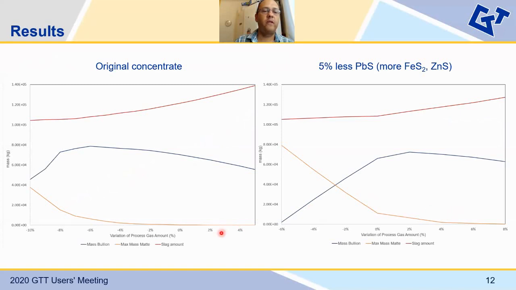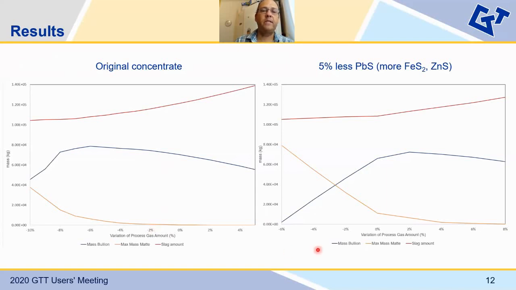It's interesting to notice what happens when we increase or decrease the amount of processed gas for the original situation with the original concentrate. You can see that by decreasing a little bit the amount of processed gas, it's possible to increase the amount of bullion, but one must take care because the mat phase is also increasing, which may lead to instabilities of the process.